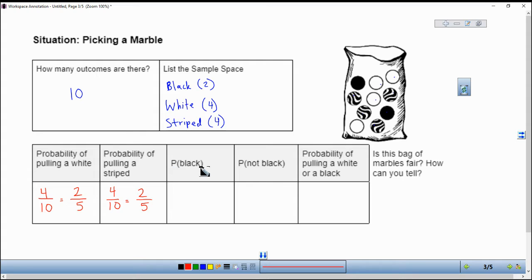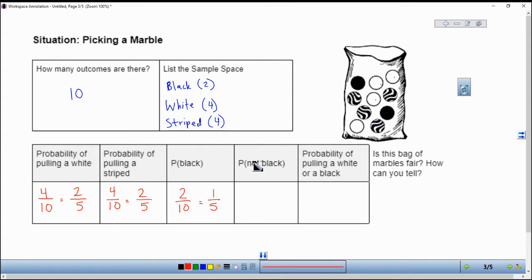Well, let's think about the black marble. For the black marble, there's 2 black marbles out of 10, which is equivalent to 1 out of 5, which is half of the probability of pulling a white or a striped, because there are fewer black marbles in all. Well, let's take a look at this one.